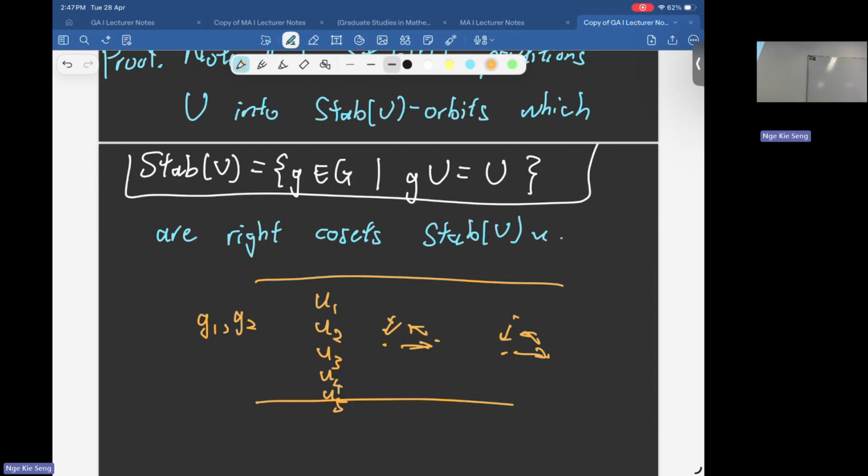Like the orbit, there are only 2 orbits here. Does it make sense?